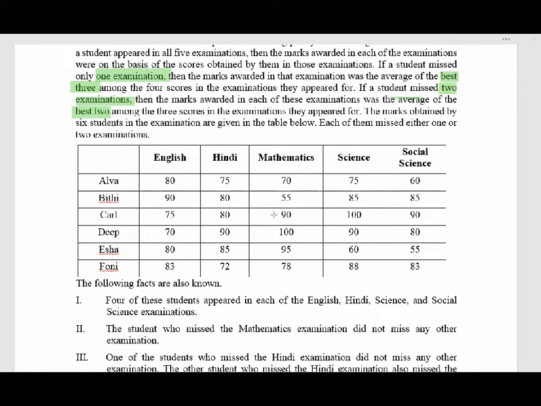So let me identify in this way. Green means that exam is the obtained marks, not the actual marks, the average marks. One of the students who missed Hindi did not miss any other exam. One of the other students who missed Hindi also missed science.